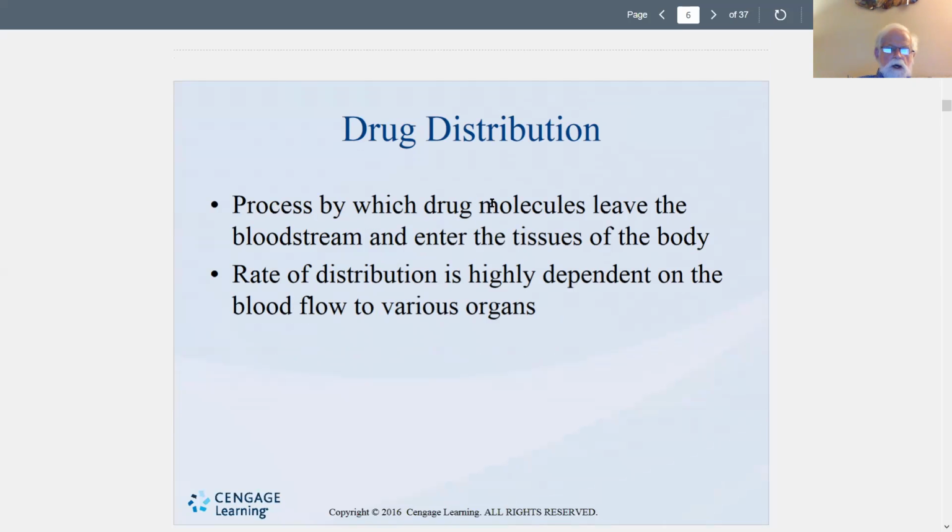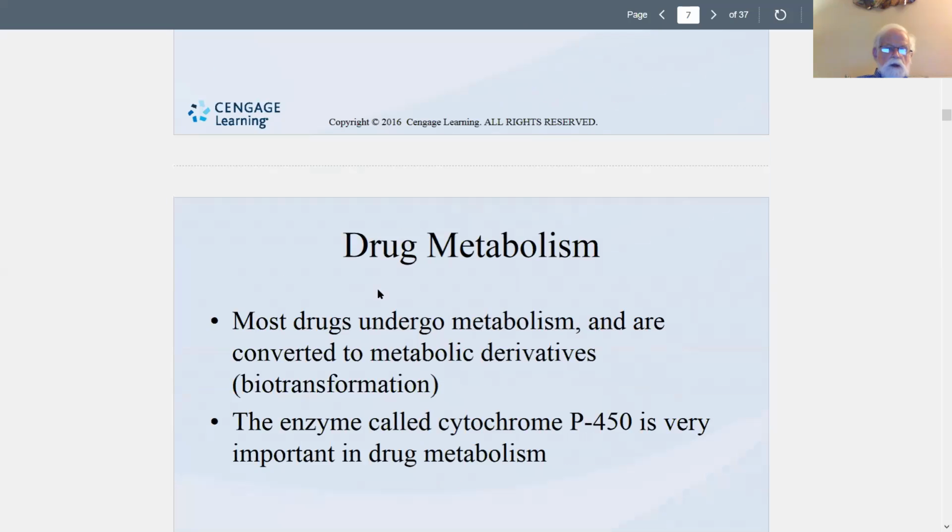Distribution is when it leaves the bloodstream and enters the tissues, hopefully where it needs to be, but often they're generally distributed throughout the body. And the rate is dependent on the perfusion that each of the various body systems has with blood.